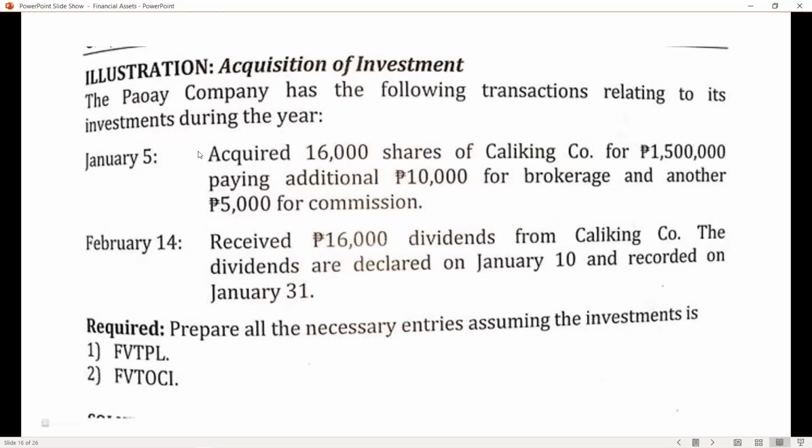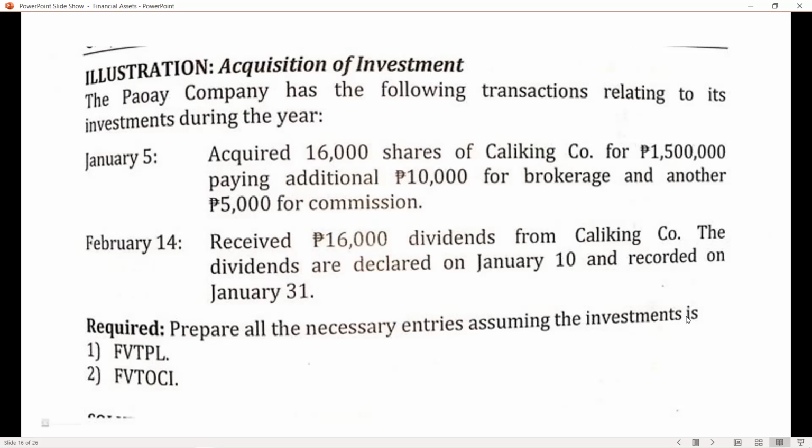So, makikita natin dito sa January 5 transaction na yung 16,000 shares niya, yung cost niya is 1,500,000. Tsaka yung transaction cost is yung brokerage fee at tsaka commission na 10,000 tsaka 5,000. So, total, meron siyang 15,000 na cost.